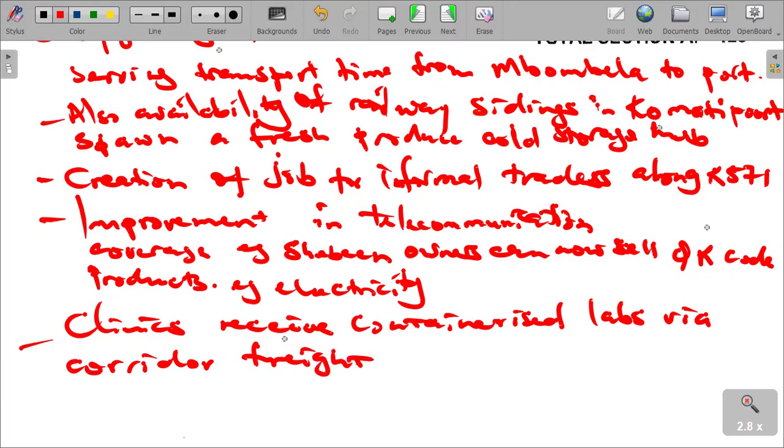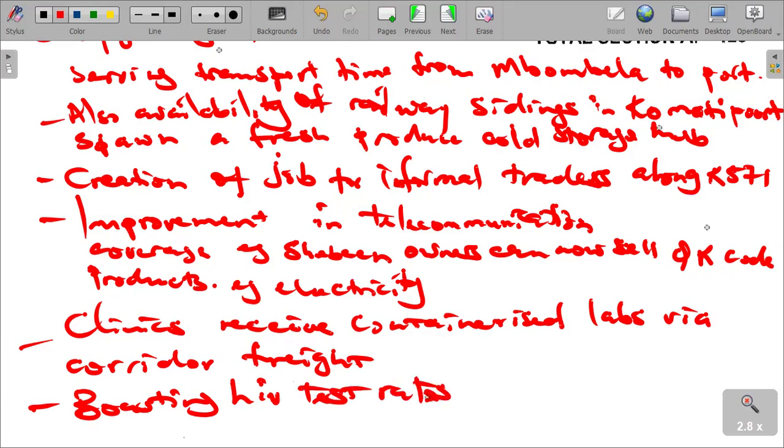We can talk about boosting HIV test rates. HIV test rates can also be improved.